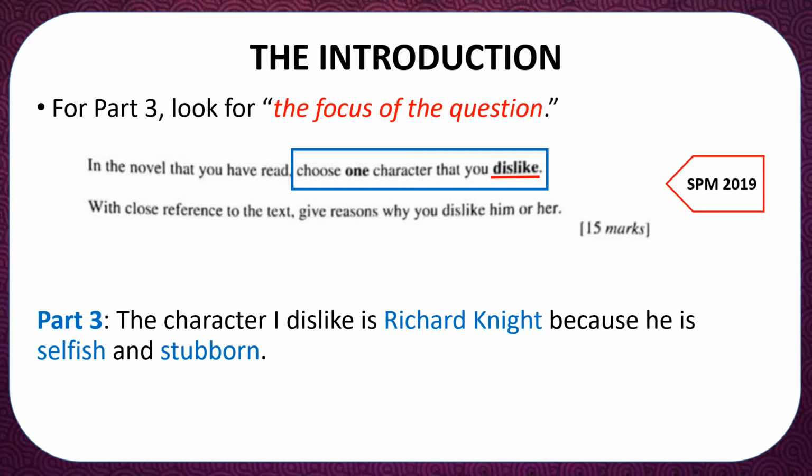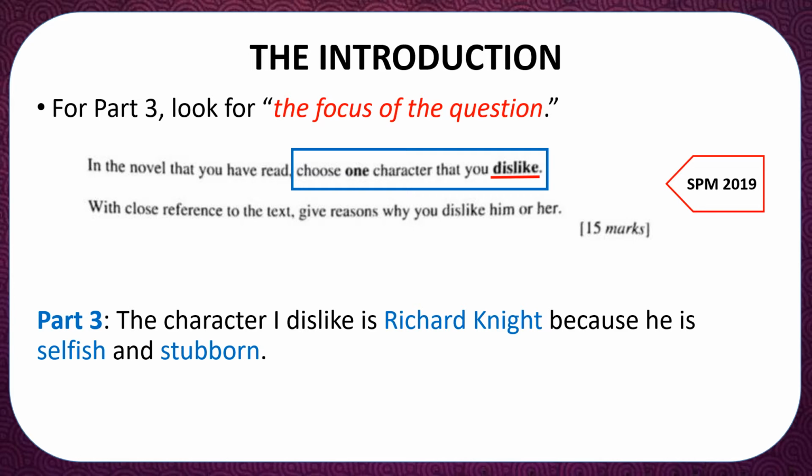Well, of course, it's okay if you don't put it in part 3, but it is best if you mention it. So, the character I dislike is Richard Knight because he is selfish and stubborn. Remember, in SPM Novels Part 2, I did mention that even the main character is not a saint and you can dislike the main character.